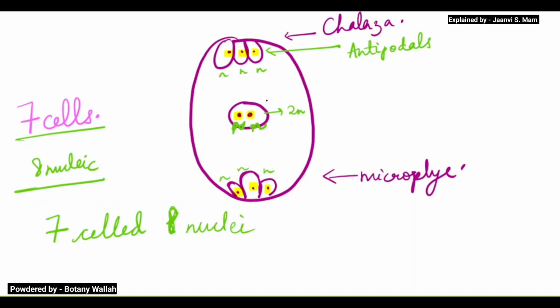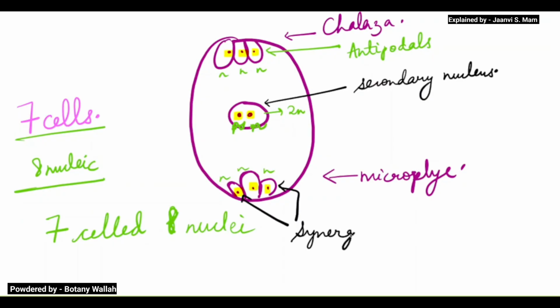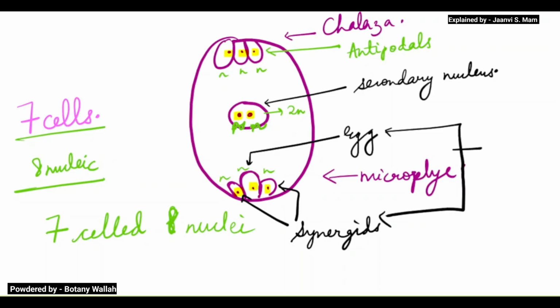The middle cell we call the secondary nucleus, and down you have 2 synergids, and the middle one is known as the egg. So two synergids plus the egg, this entirely we call the egg apparatus.